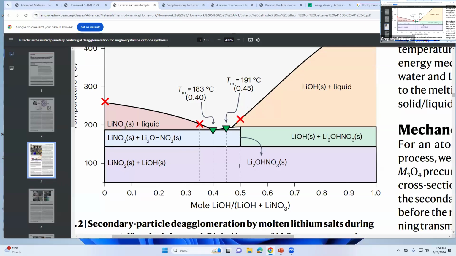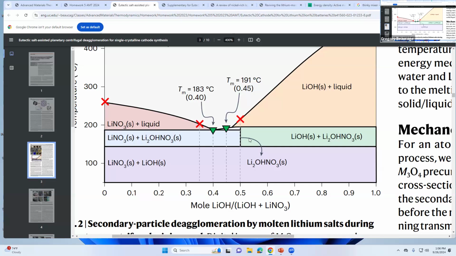If you quench down to here, you get 50% lithium nitrate and lithium hydroxide, so it's going to be grainy, and it'll be half and half. If you see the micrograph, it'll just be a bunch of grains. Half of them will be lithium hydroxide, half will be lithium nitrate. Pure phases. But if we stay, like in the homework, it said 175 degrees.